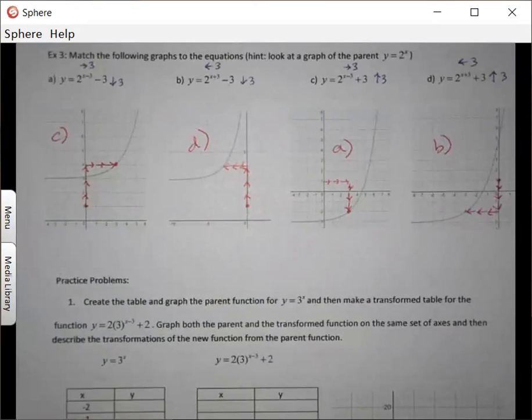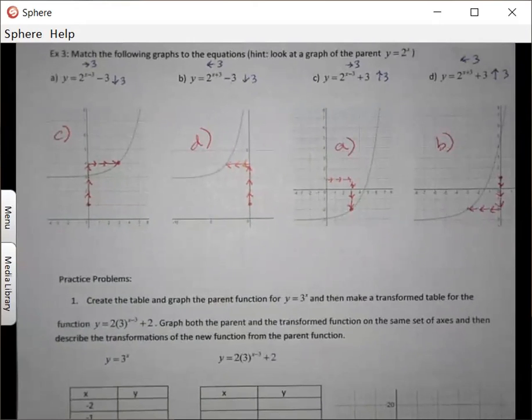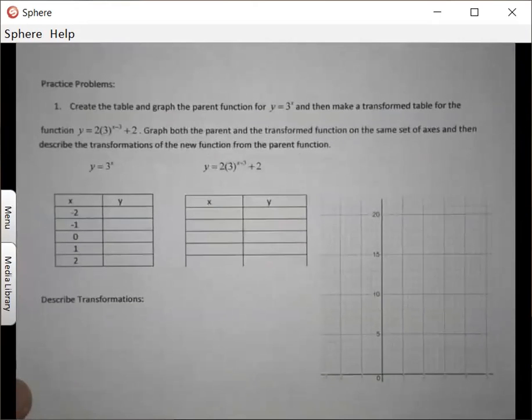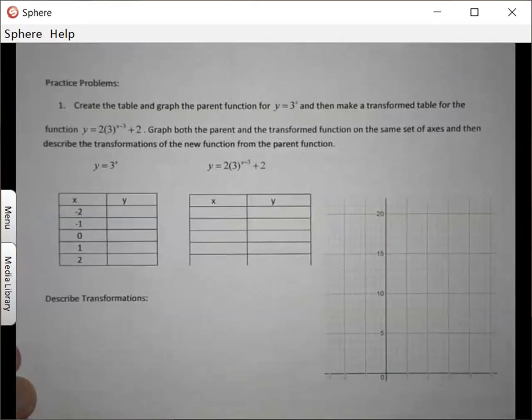Okay, so I'm going to give you a reminder for our first practice problem before I let you go. So looking at practice problem 1, we want to create the table and graph the parent function for y equals 3 to the x, and then make a transform table.